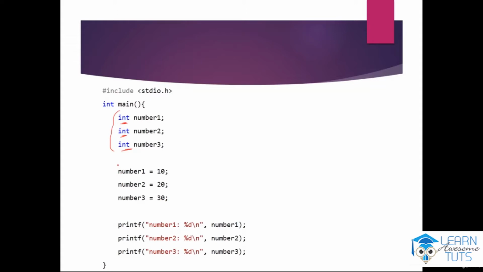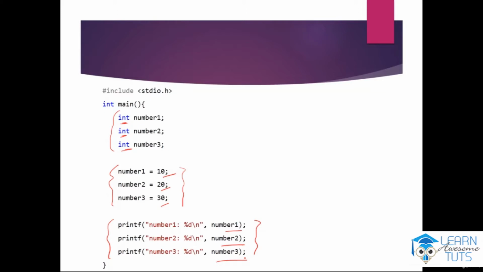Then we will have the assignments of three values, and after this we have three printf commands that print the three numbers. Actually, it is simple because we had to store just three integer numbers.